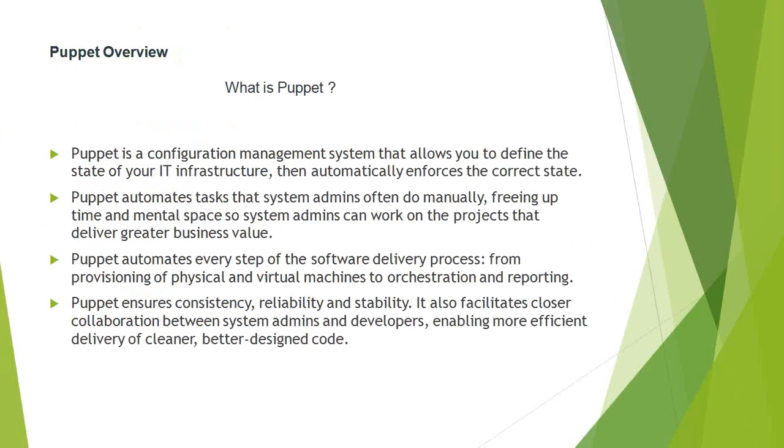So yeah, let's start. What is Puppet? Puppet allows us to define the state of a system. What I mean by the state of a system is that I want my system, or my node, or my agent, to have a particular configuration or a particular thing installed.